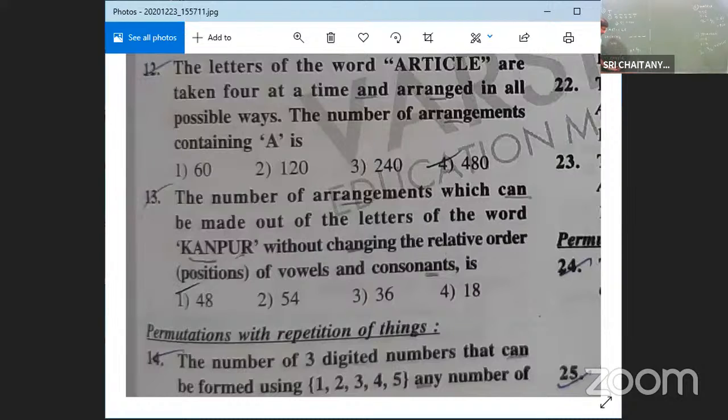Means in the vowel place, only a vowel should come. How many vowels are there? 2 vowels are there. So they can be arranged among themselves in how many ways? 2 factorial means 2 ways. And there will be 4 places again. In 4 places, 4 letters can be arranged among themselves in 4 factorial ways. 4 factorial is equal to 24 into 2 is equal to 48.